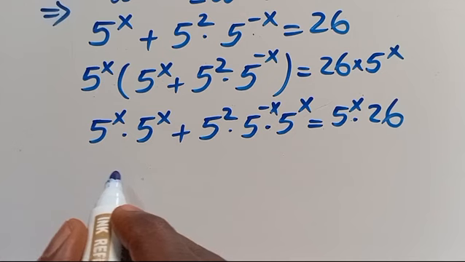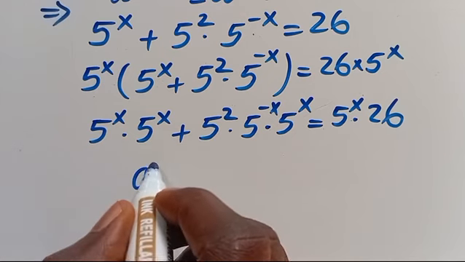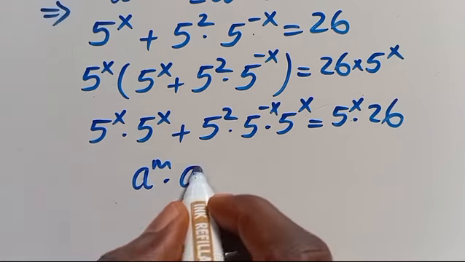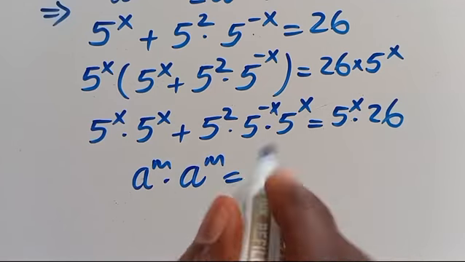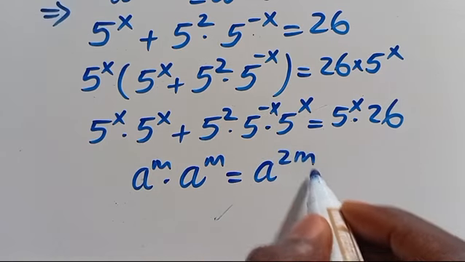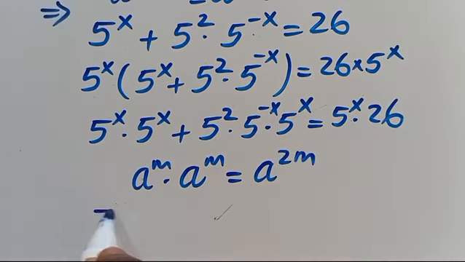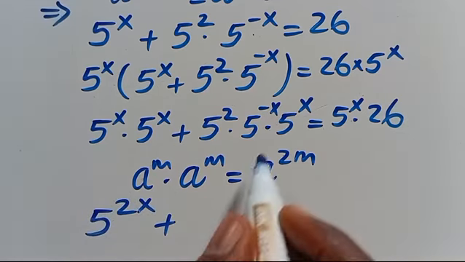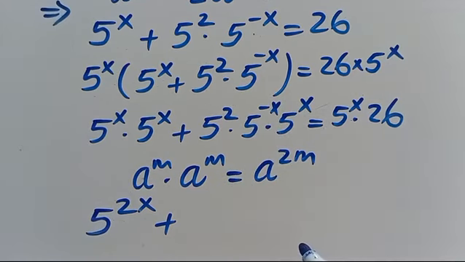So from here we have to recall that a to the power of m times a to the power of m equals a to the power of 2m. So we have 5 to the power of 2x plus this.